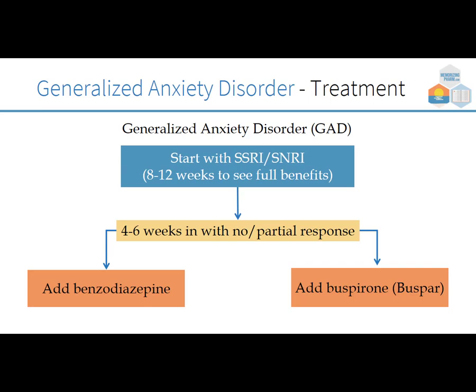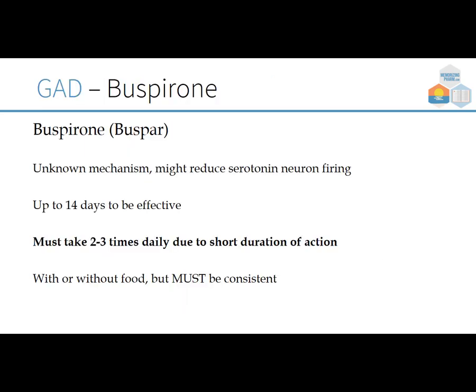It'll take 2 to 3 months to see the full benefits, but we don't wait that long. If in 4 to 6 weeks we really see no response, or maybe just a small response, we might add a benzodiazepine, or we might add buspirone. But this is how we would deal with generalized anxiety disorder. A bit about buspirone, or brand Buspar. We don't really know how it works.